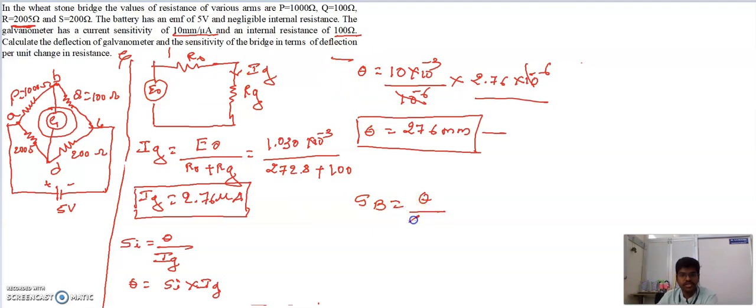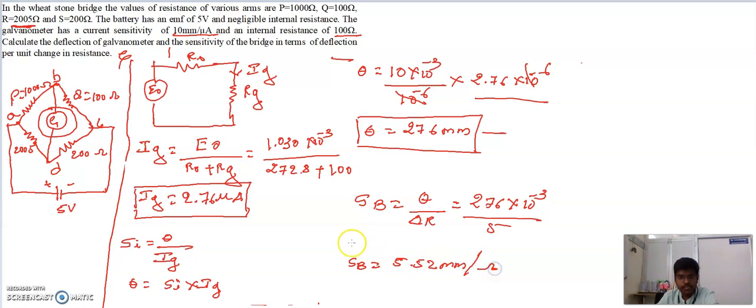Per unit change in the resistance is delta R, not delta R by R. So it's 276 into 10 raised to minus 3 meter divided by delta R, which is 5. The final answer of SB will be 5.52 millimeter per ohm. This is the unit of the sensitivity of the Wheatstone bridge. So this is the final answer.